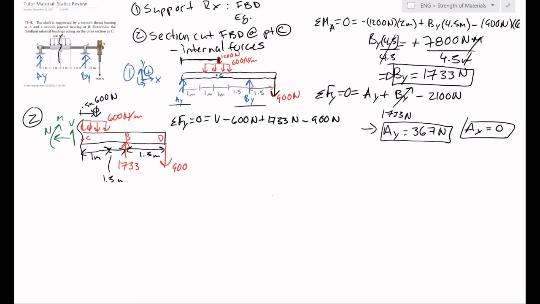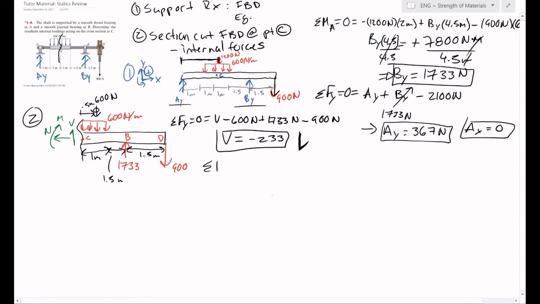Minus 600 plus 1,733 minus 900, get 233, and we want to subtract that to the other side, so we'll get negative 233. So our shear is actually going down. Our internal shear is going down.